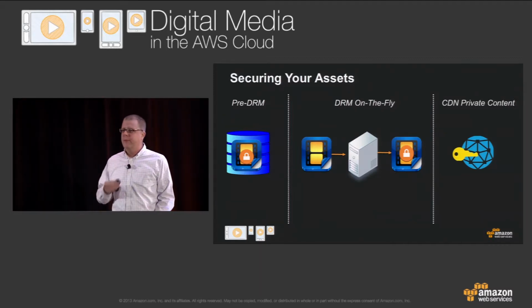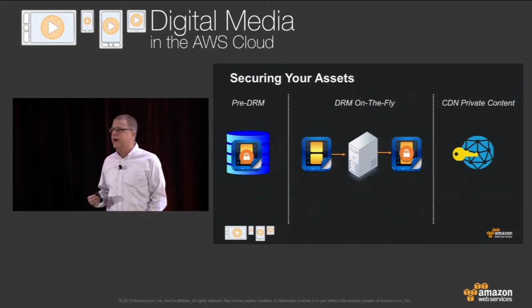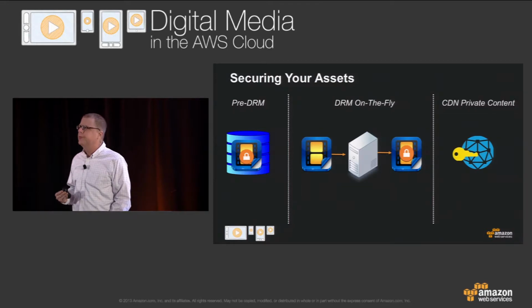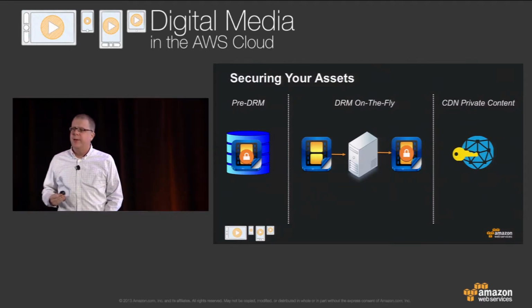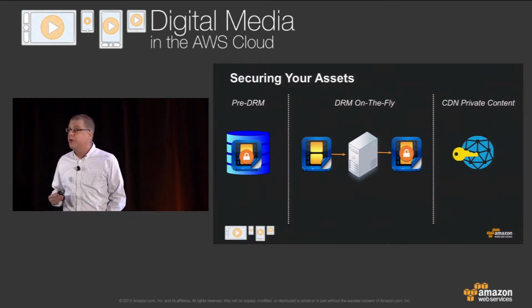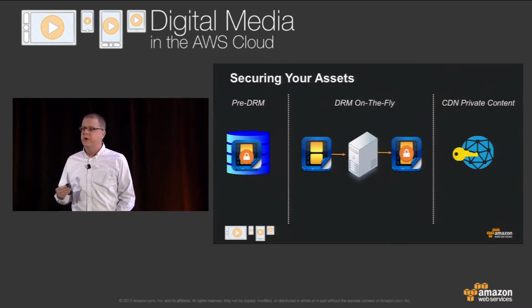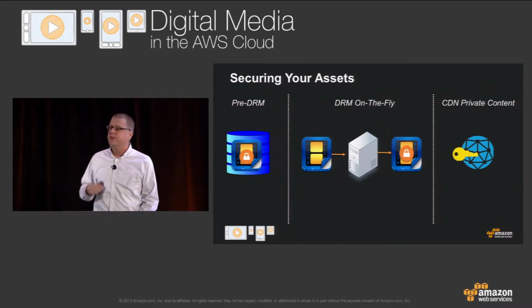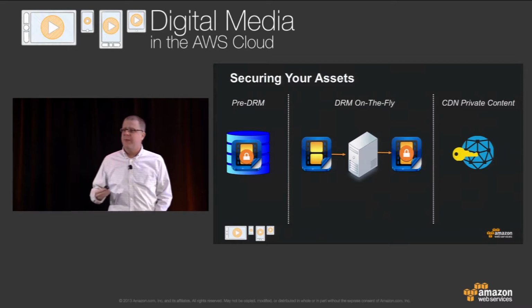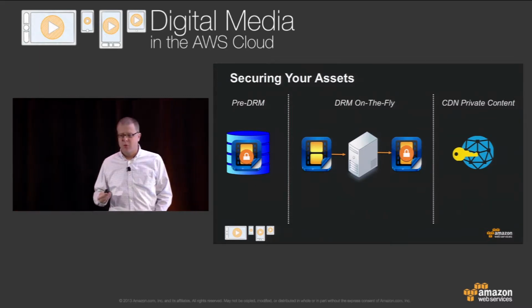So I'm going to keep my asset non-secured in my controlled origin, and then only DRM it when it is actually played. If you have a long-tail catalog where there's not a certainty that each piece of content will be watched multiple times, this can be a way to reduce your cost because you're not going through the computational load of DRMing assets that may never be watched.